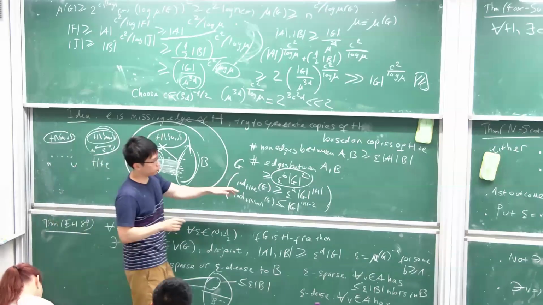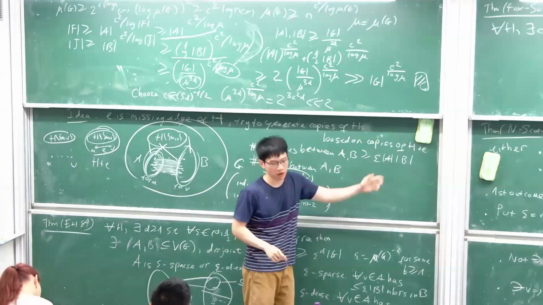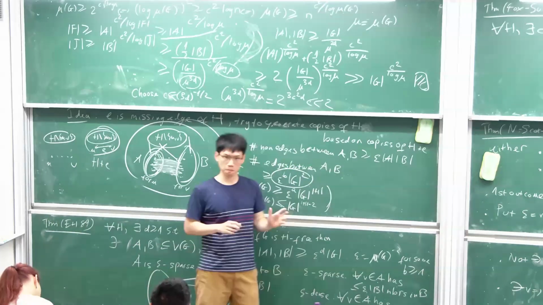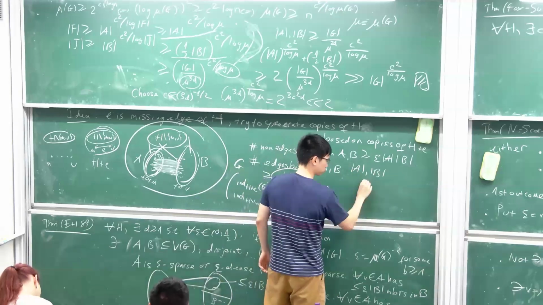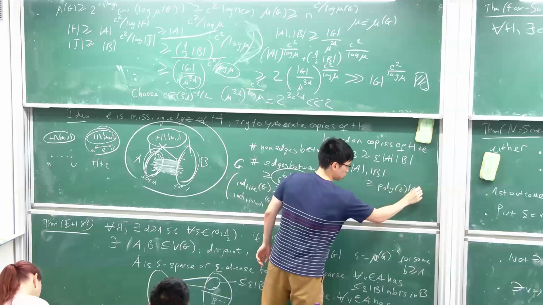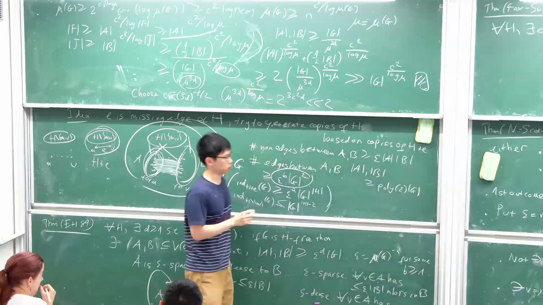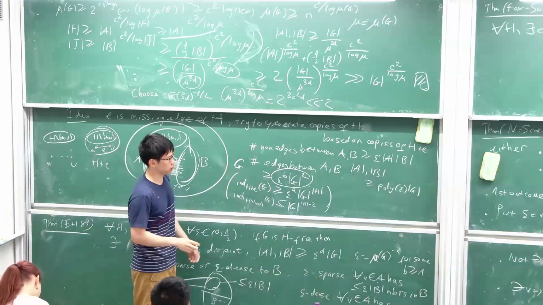And for that reason, both A and B have to be at least some power of epsilon times G. So let me just say poly epsilon times G. I'm not going to use too many letters for exponents.